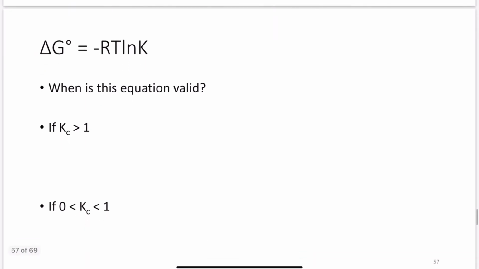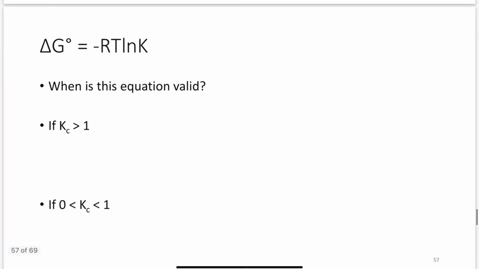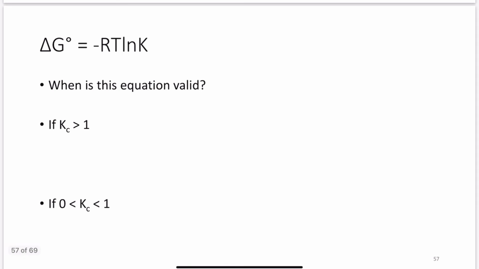So delta G naught equals negative RT ln of K. When is this equation valid? If K is greater than 1, at equilibrium there are more products than reactants.